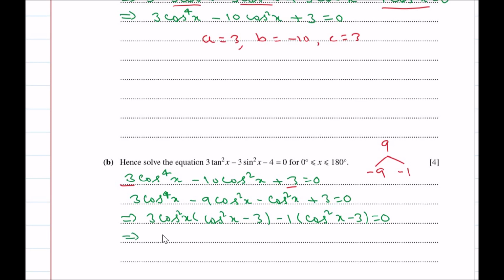This implies that 3 cos square x minus 1 times cos square x minus 3 equal to 0.